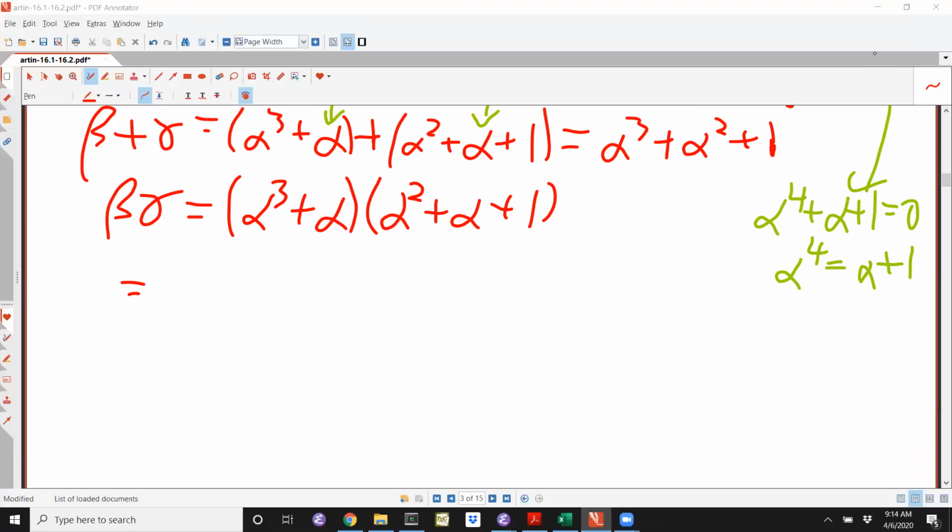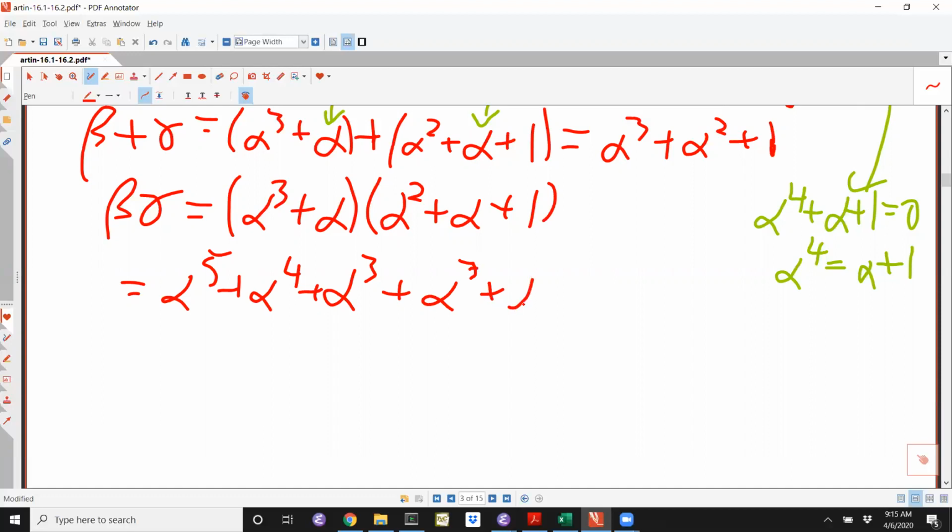So you get alpha cubed times alpha squared plus alpha plus 1, which is alpha to the 5th plus alpha to the 4th plus alpha cubed. And now when I do the alpha times these terms, I get another alpha cubed, plus alpha squared plus alpha.